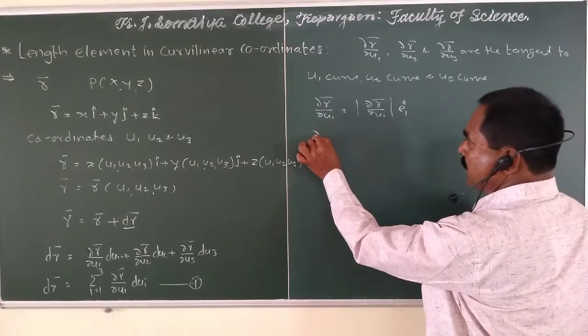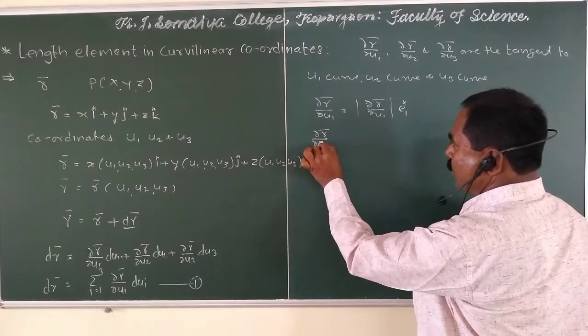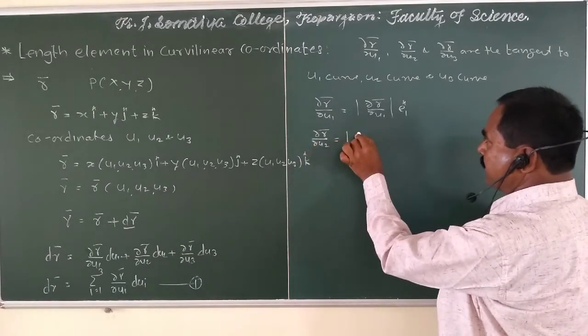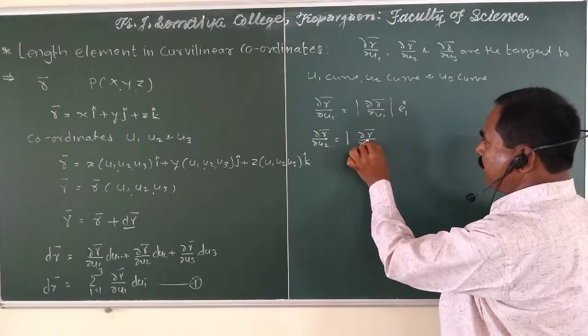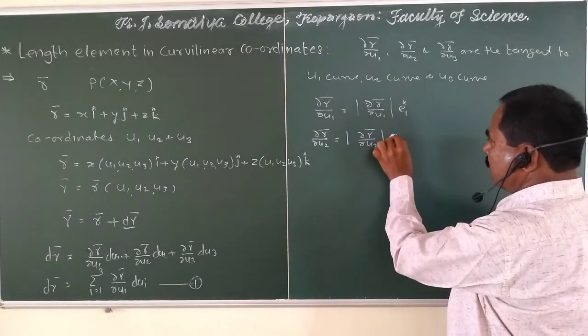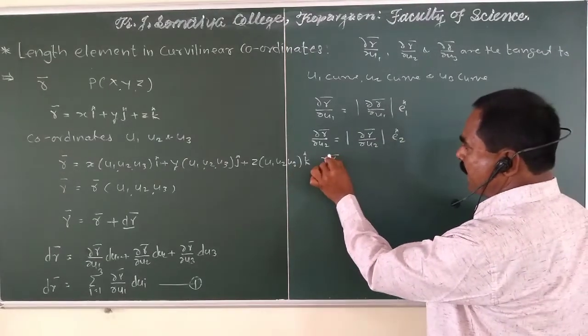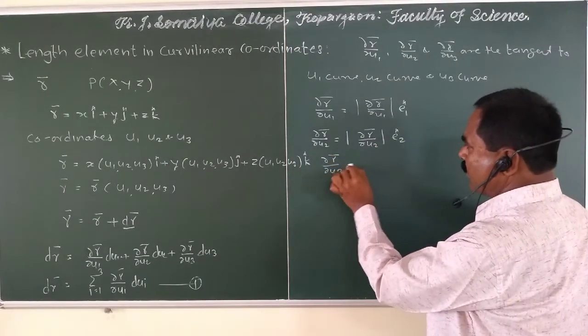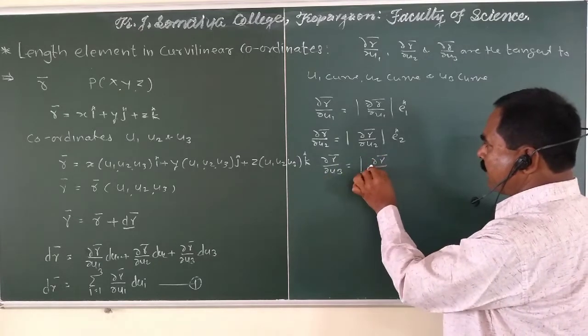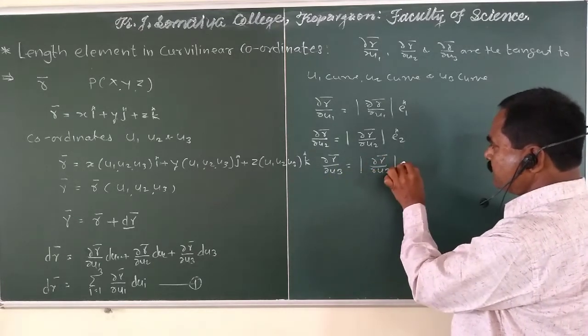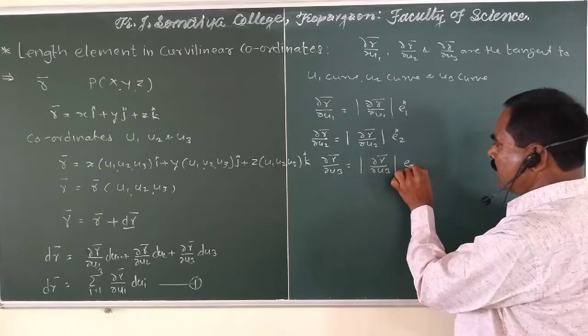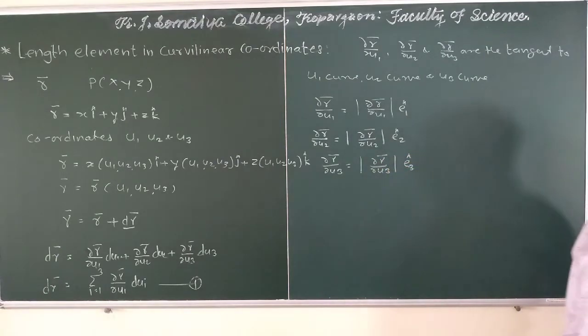Similarly, del r bar by del u2 equal to mod of del r bar by del u2 into e2 cap, and del r bar by del u3 equal to mod of del r bar by del u3 into e3 cap.